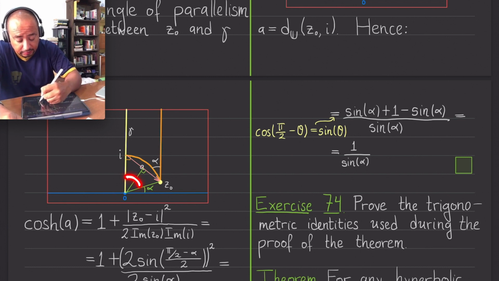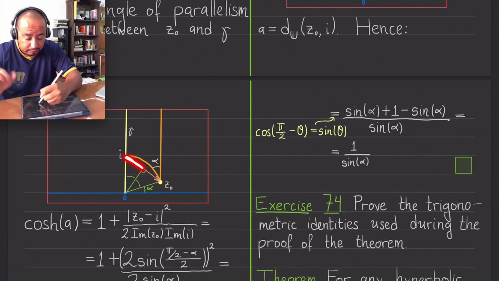This length is of course 2 times this length, because this is an isosceles triangle. And how do we measure this length? It's just the sine of this angle, which we know how to compute because this one was pi halves minus alpha, so this one is pi over 4 minus alpha divided by 2.